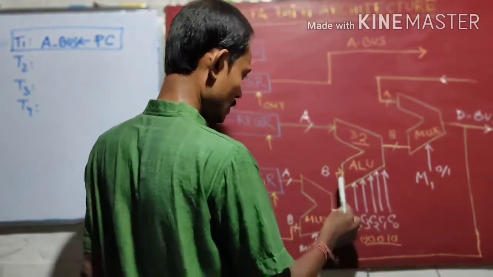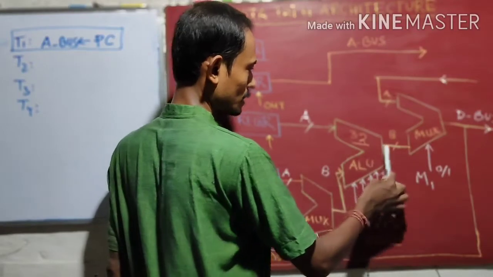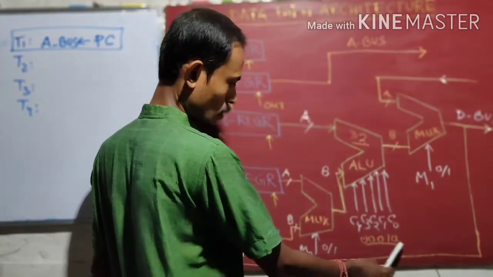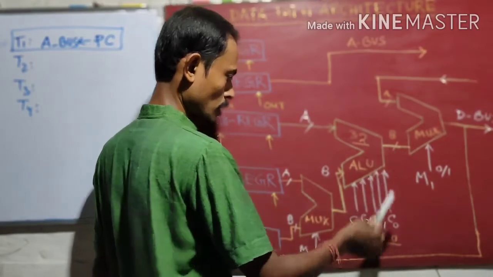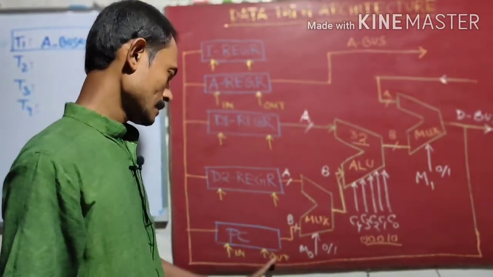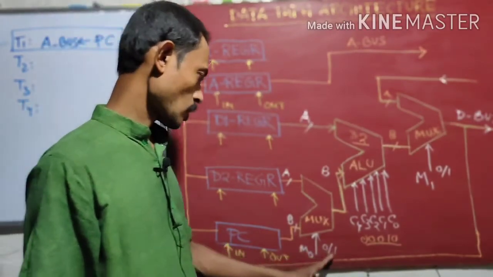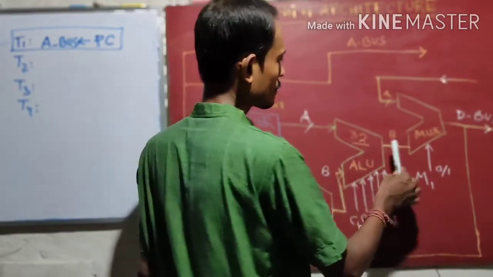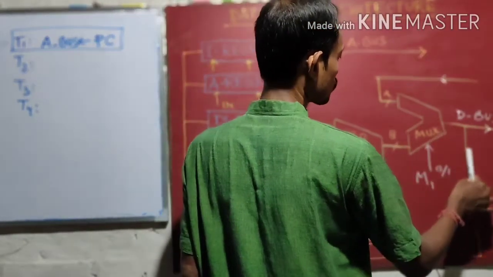Now suppose whatever address comes should go out from the ALU. In that case the control signal will be 0, 0, 0, 1, 0. All these are nothing but the control signals. Your controller will generate these signals, and all of these will be the signals of the ALU. Then that particular address will go to this path.